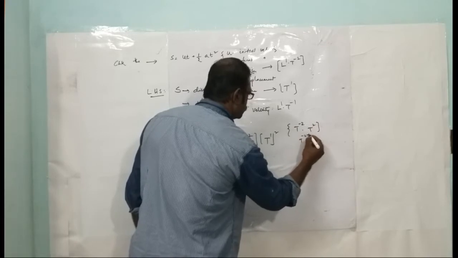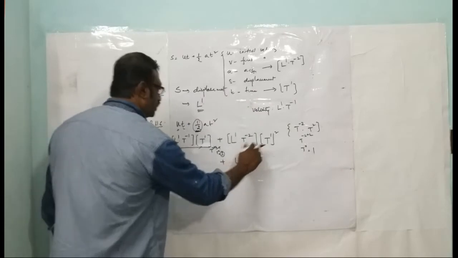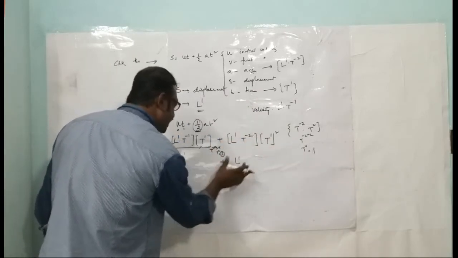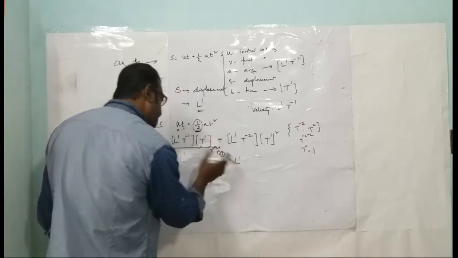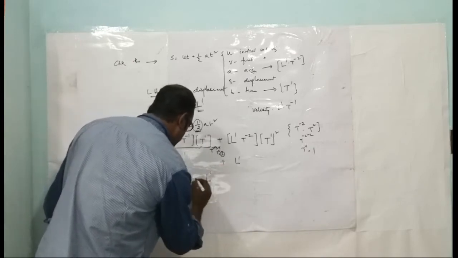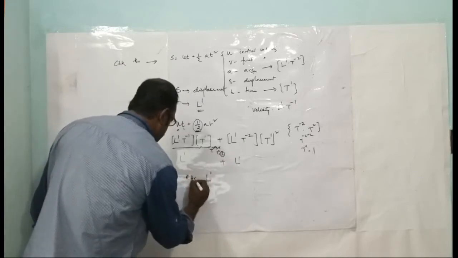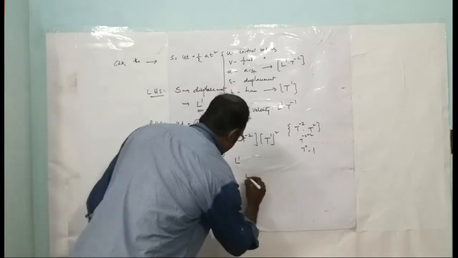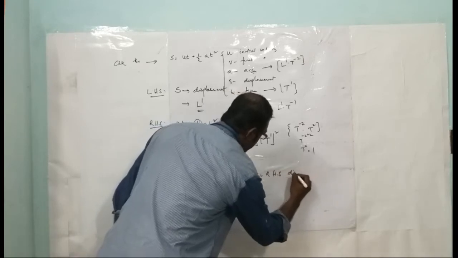So t minus 2 plus 2 is t0, which is 1, so no need to write. So L1 and L1 have the same dimensions, and according to our principle of homogeneity, if they have the same dimensions, we can add them. Even if you add them, you get L1. The dimensions of that physical quantity will be L1, and the RHS is L1. So LHS is L1, RHS is L1. So LHS is equal to RHS dimensionally.